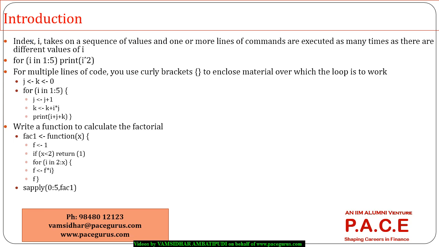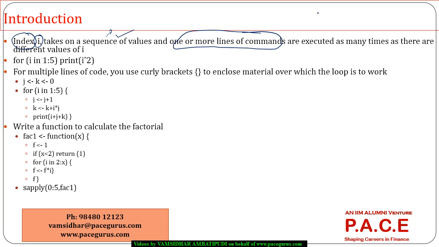Now, anything where a particular index I, some specific variable I, takes on a sequence of values 1, 2, 3, 4, 5. So an index I takes on a sequence of values, and those many times one or more lines of commands are executed.